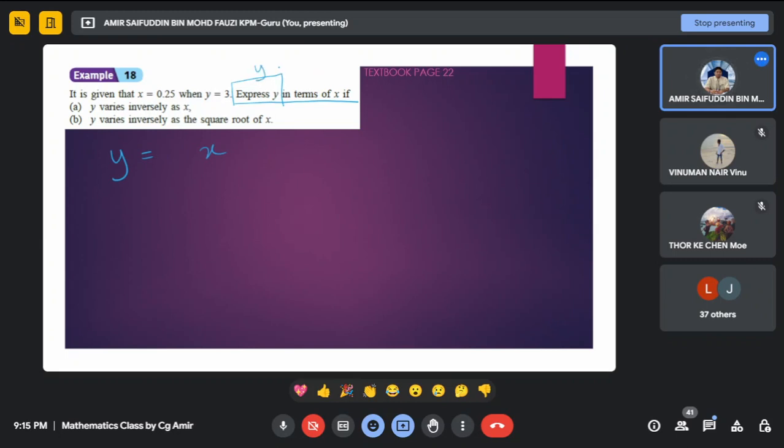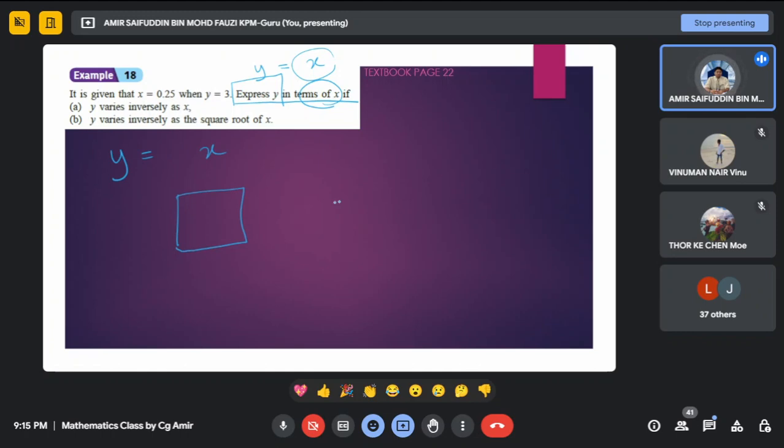So y equals something in terms of x. The answer is in x here, using the x. Another example: let's say we have a box, a square.